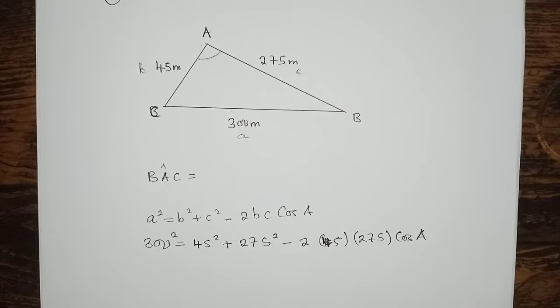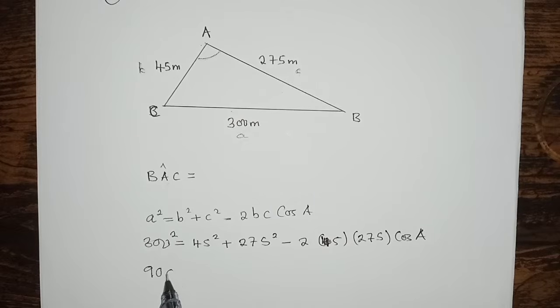So if we say 300 squared, we are getting 90,000. Then here when we say 45 squared, what are we getting?